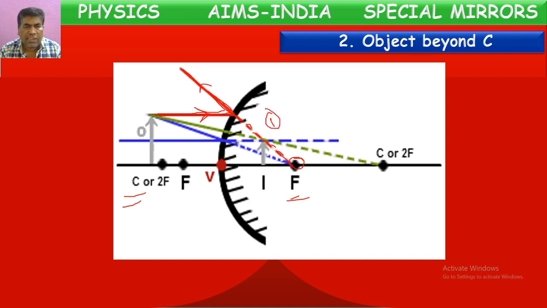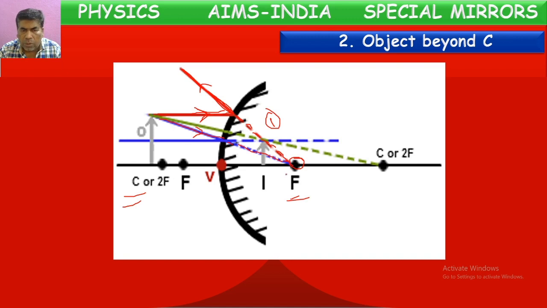This is the first reflected ray. The second ray is passing through the focus. Is it really passing through the focus? No, it only appears to pass through the focus, because the focus is inside the mirror and the ray is outside the mirror.